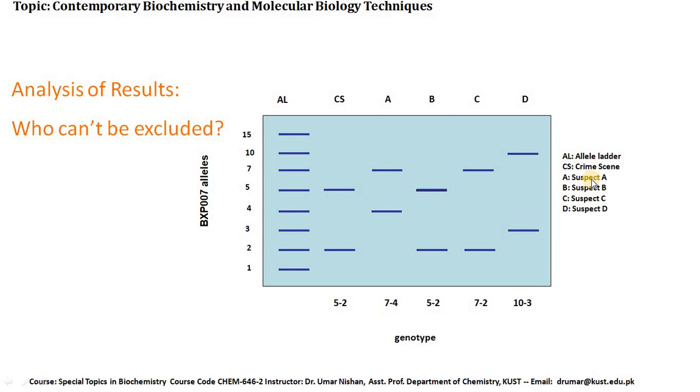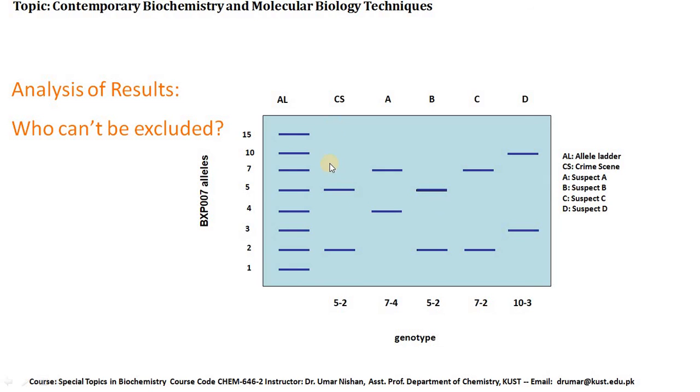Now, as you know, every crime has suspects. So in this case, we have these four suspects. One is suspect A, one is suspect B, one is suspect C, and another one is suspect D. Samples are collected from these different suspects, and run with the one that was collected from the crime scene, or the CS.